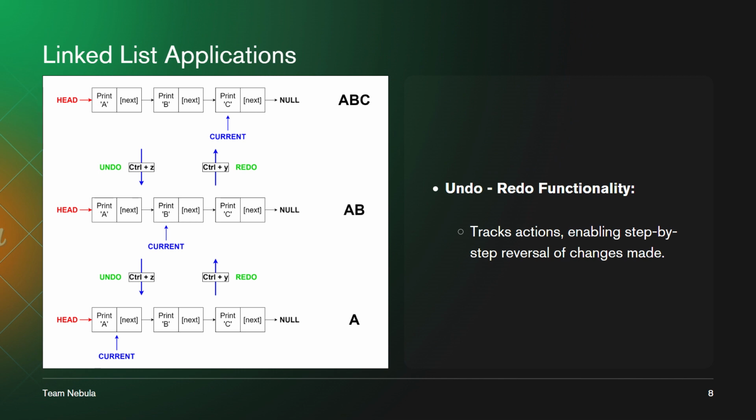Linked lists are also used in the undo-redo functionality in software applications. You might have noticed that some programs allow us to undo the last action we performed, right? Linked lists help track these actions so we can reverse the changes made step by step.